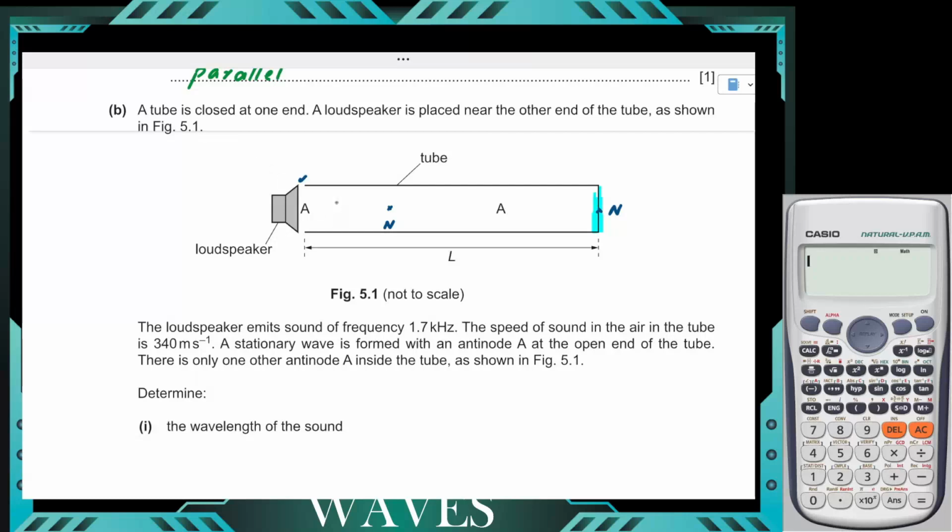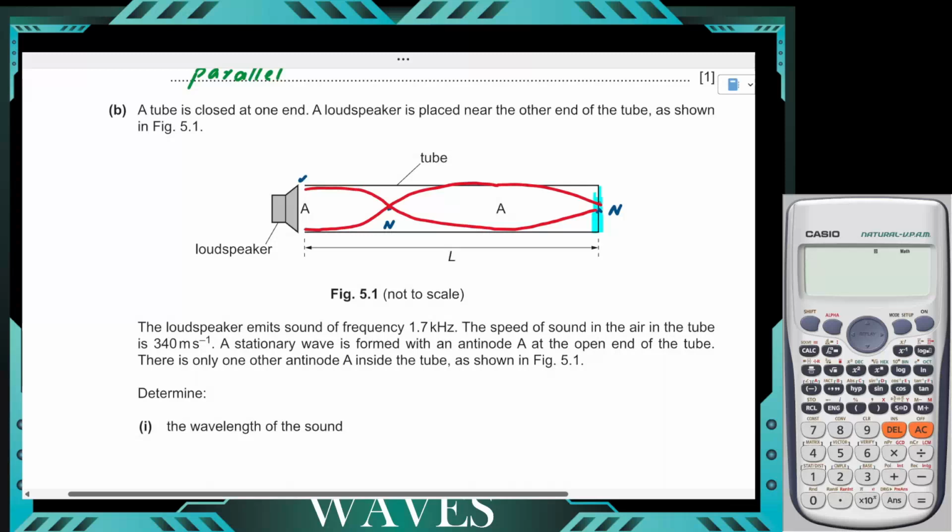The wave would look something like this. I'll start off with the antinode, and at the node I have to decrease the amplitude all the way to 0, and this is the next antinode, and then a node over here. If the wave is moving fast enough, it will look something like this.